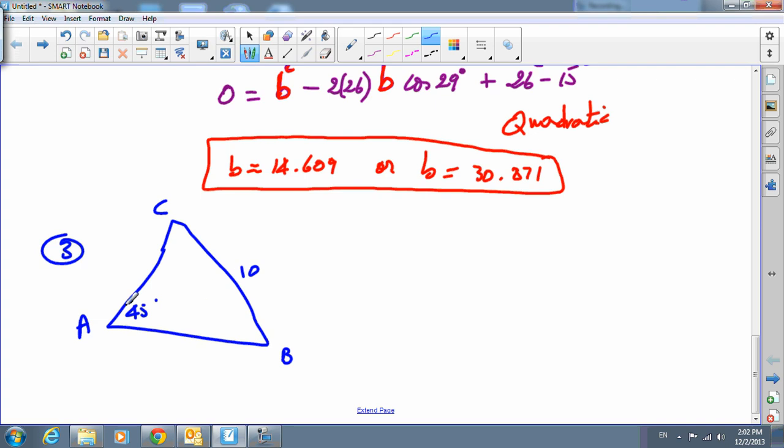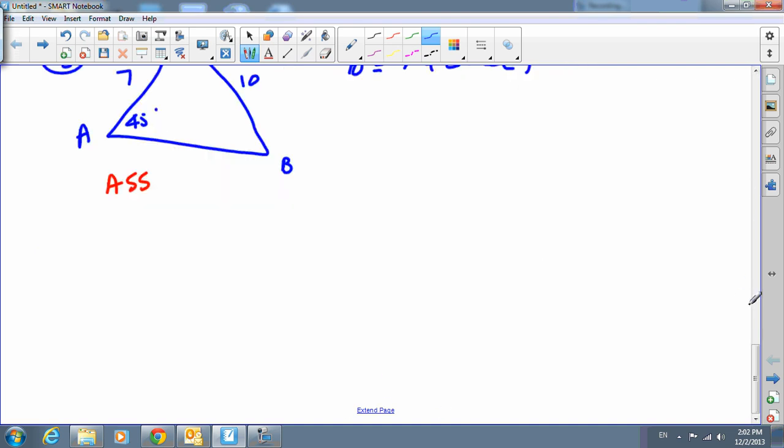Because I have these two, I can say now that 10 squared is equal to, I'm going to give this 7, the reason I'm putting 7 is because I want a side-side-angle again. So I will say 10 squared is equal to 7 squared plus c squared minus 2 times 7 times c cosine of 45. Note that I went straight to the so-called better way that I was working on up there.